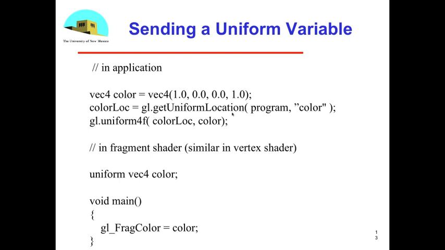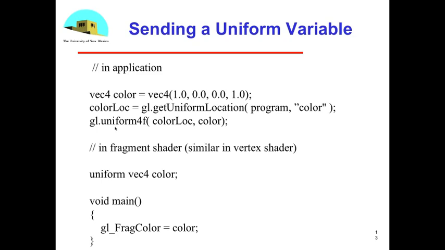Now I have to get its location again from the linkage tables after I've compiled and linked together all my shaders into my program object, and I'll call it colorLoc to distinguish it from the color here. It's giving me where that color is in there, and now I can refer to it, and I simply use glUniform to send over this variable at that location.